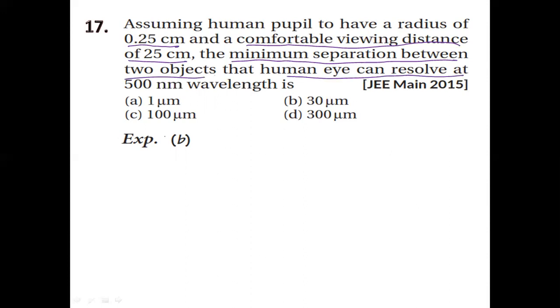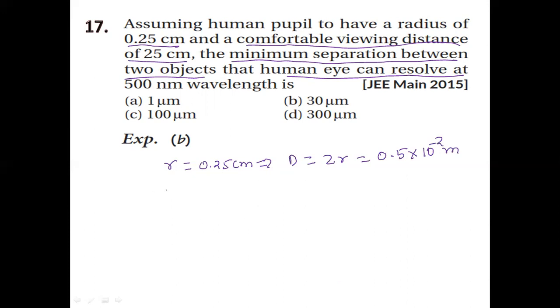The human eye can resolve 500 nanometers. Initially they gave the radius, that is 0.25 centimeter. From this we can find the diameter. Diameter equals twice the radius, that is 0.5 centimeter, or 0.5 into 10 power minus 2 meter.